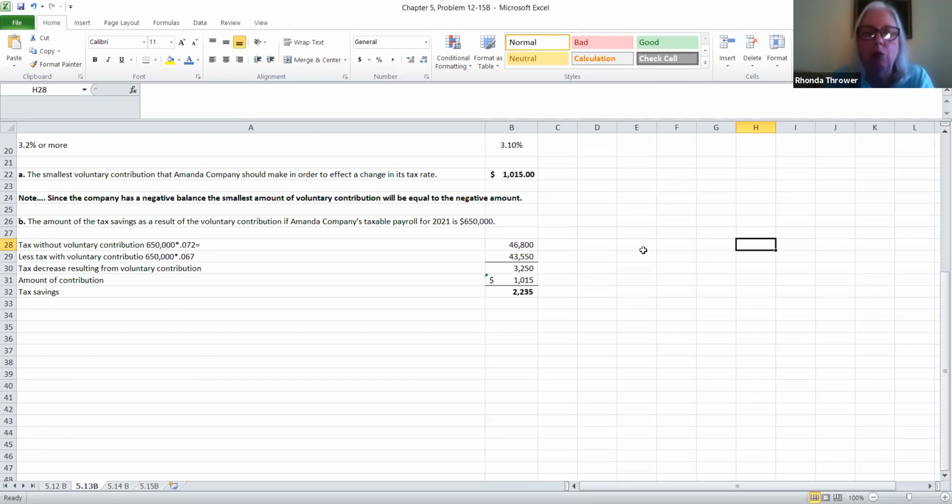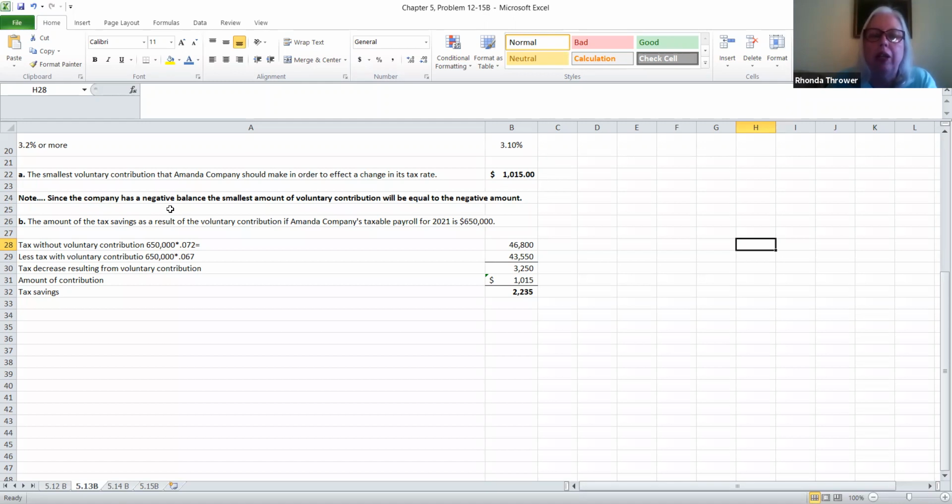The amount that we have to contribute is the amount that we were at in a negative balance. Since they told you they had a negative balance of $1,015, we definitely have to get that balance up to a positive number, or at least up to a zero balance.